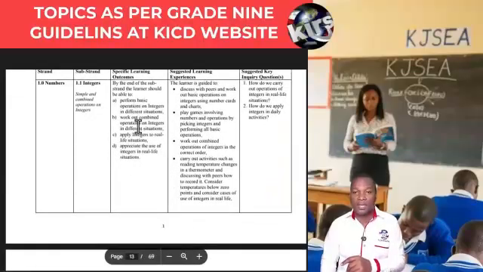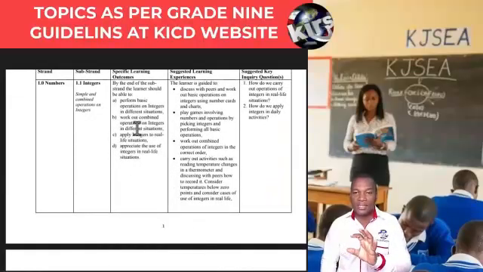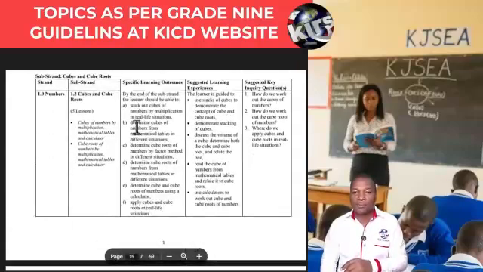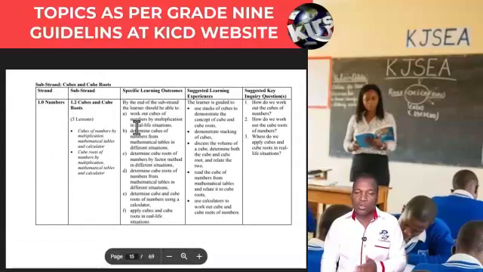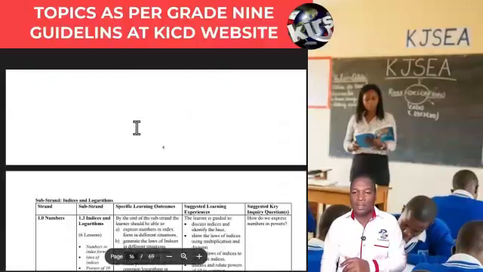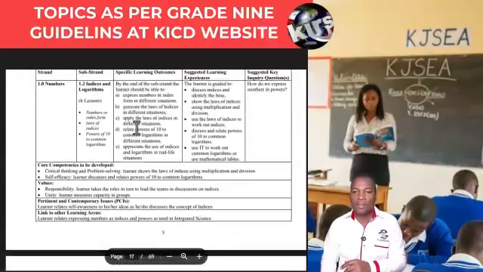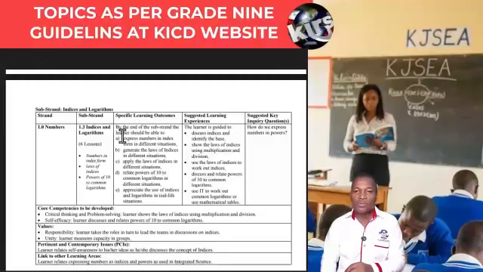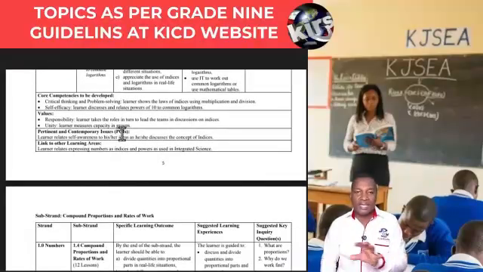Then we look at the details. If you want to know what you cover, integers is covered in Form 1 in 844, and cubes and cube roots are also in Form 1. Then we have indices and logarithms, which is Form 2. I'm just trying to compare.